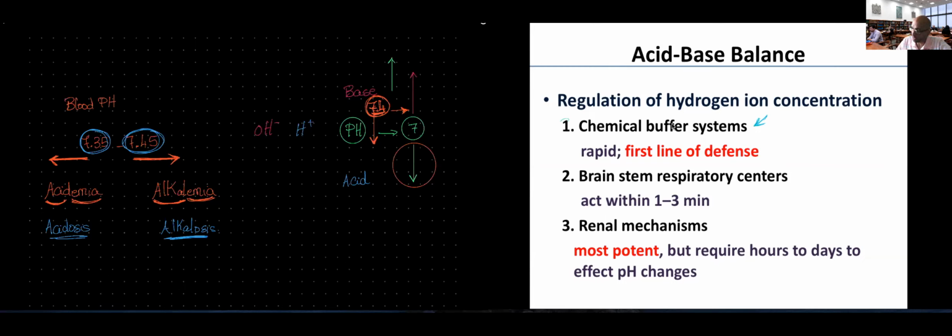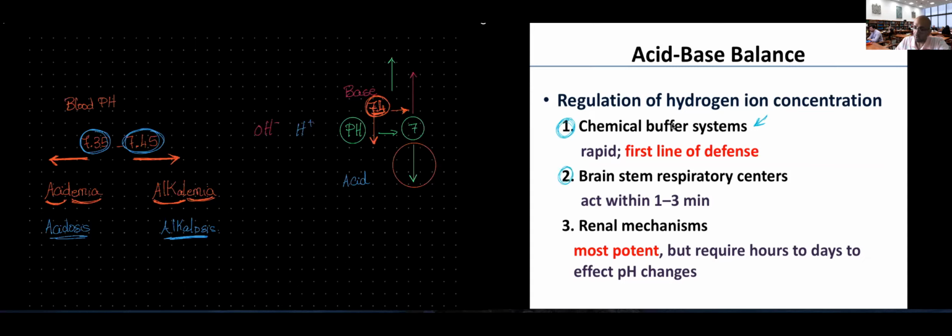So they are present in my blood, ready to respond, ready to react, like the proteins, like the bicarbonate buffer system. Those are already existing in your blood. They will react automatically whenever you have an increase or a decrease in your blood pH. Those are called, again, my chemical buffer system.